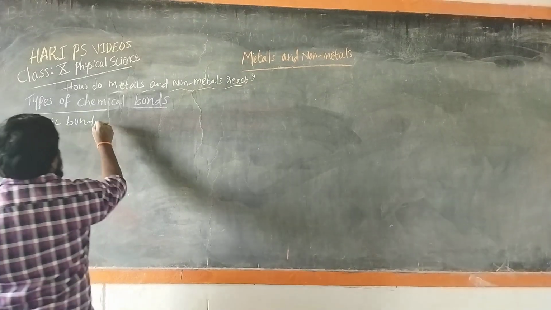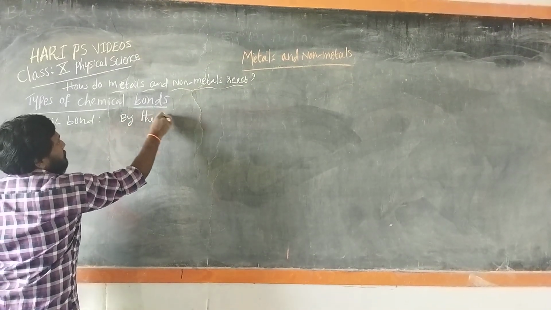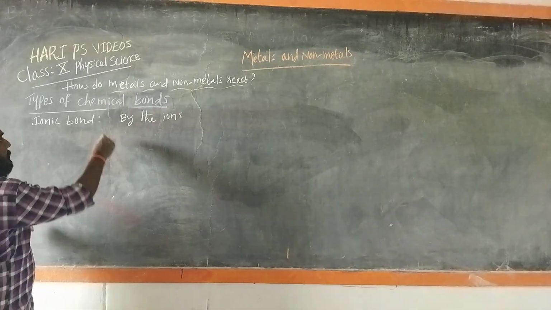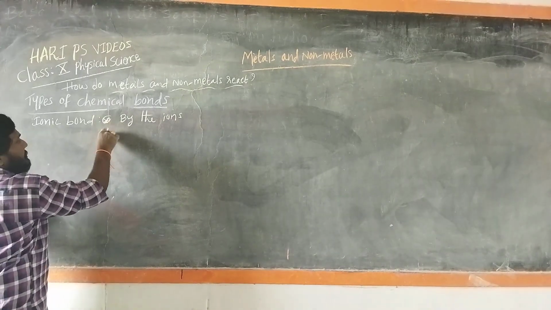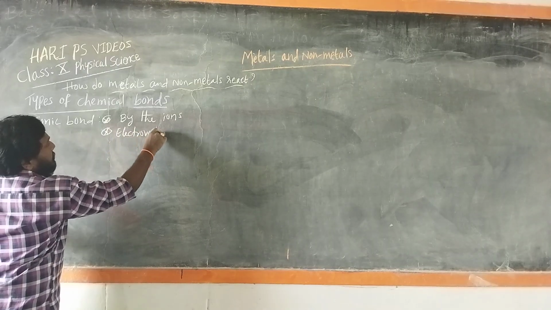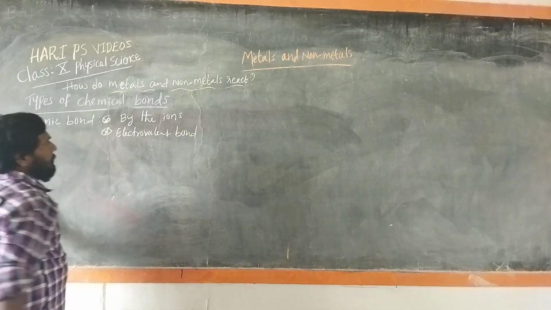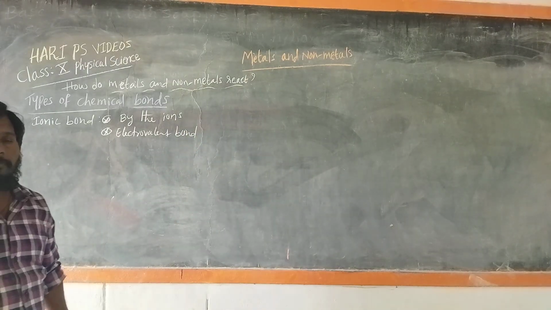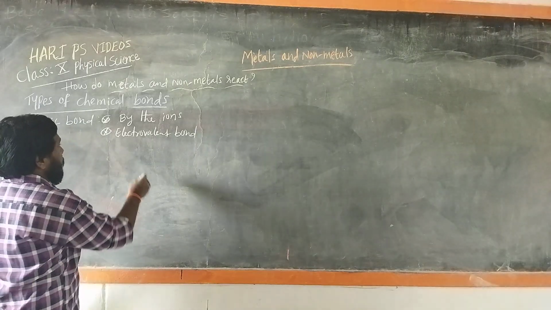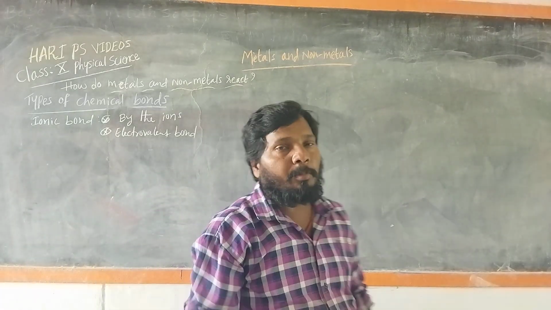The ionic bond is formed by the ions, and it is also called an electrovalent bond, because electrons are involved.